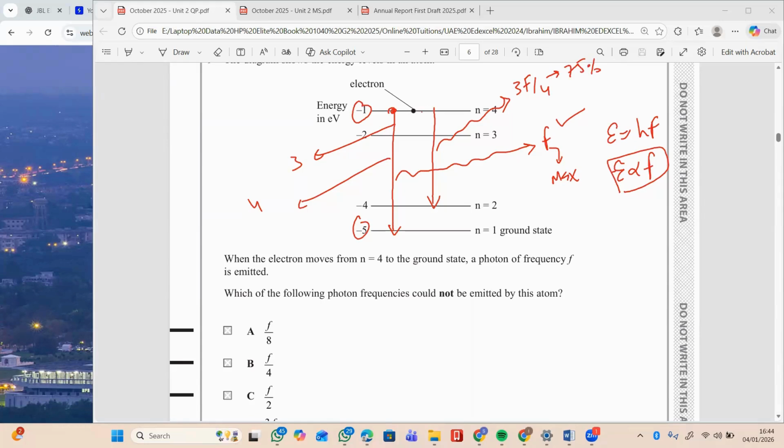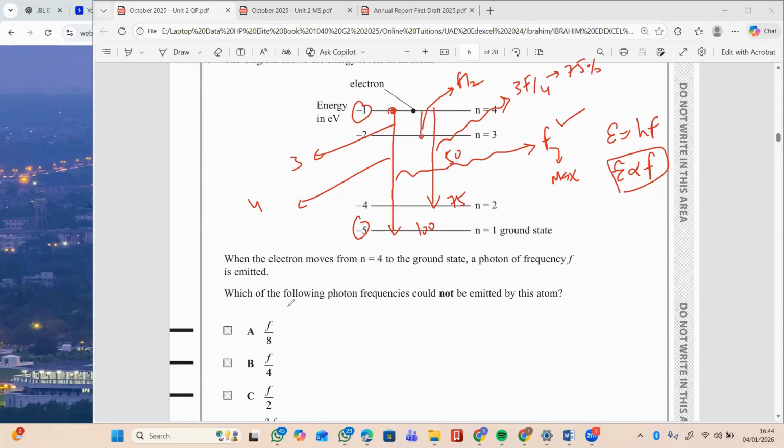And similarly, if you move to this one, the frequency should be half of the previous one, because previously it was 100% up to here, then this is 75% and this is 50%, and no other transition is possible now, right? So you cannot say that the frequency can be like f over 4 or something.